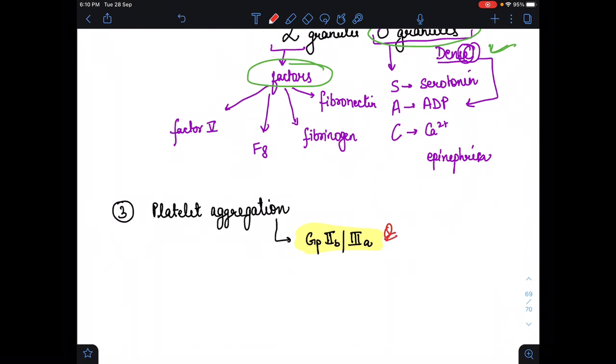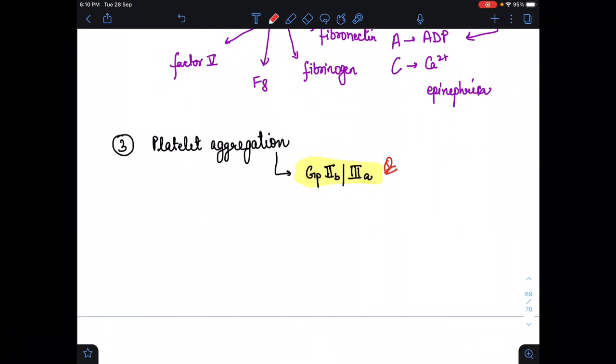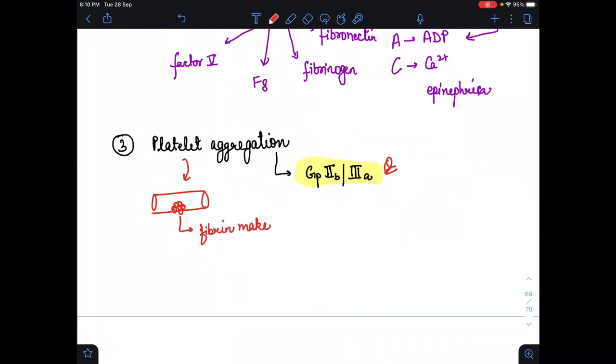Suppose these are blood vessels, and here a lot of platelets get aggregated. Now fibrin makes the clot strong, like cement.